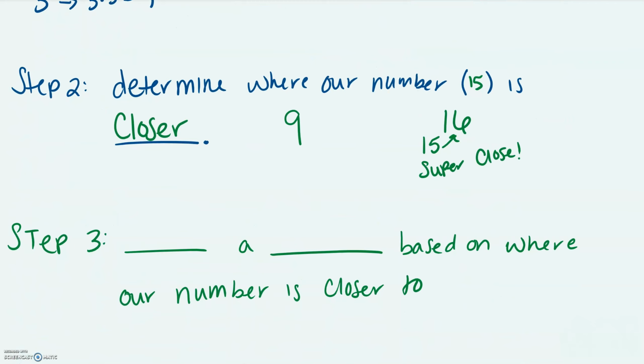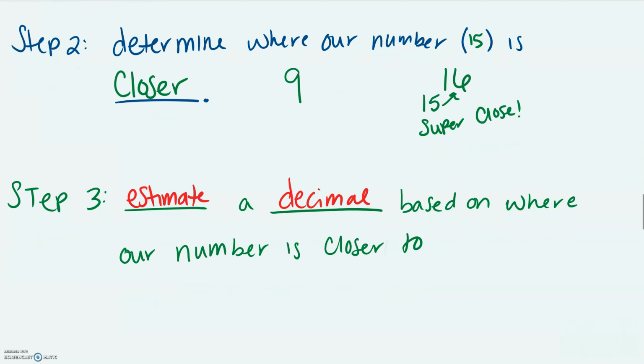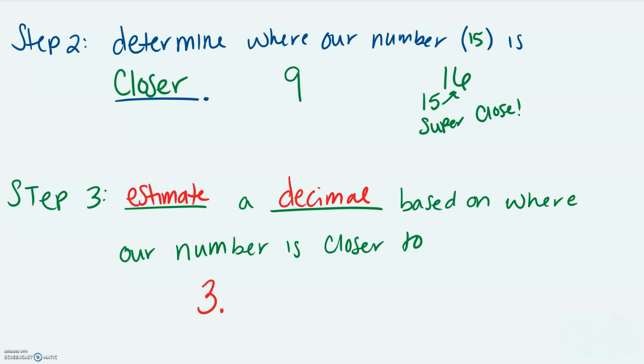Our third step, step number 3, is to estimate a decimal based on which number it is closer to. We said it's going to be a number closer to 4, but it still needs to start with that 3. So I would say that 3.9 is a pretty safe bet, because 4.0 is our next perfect square.